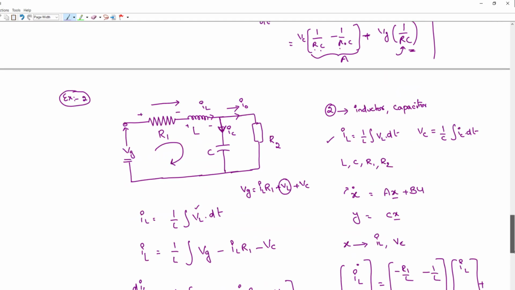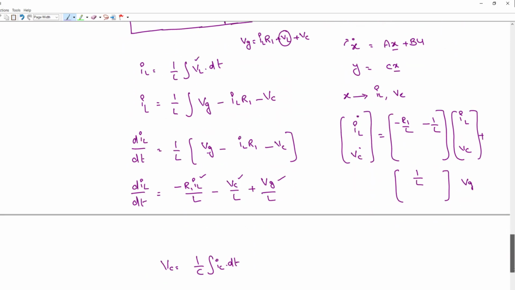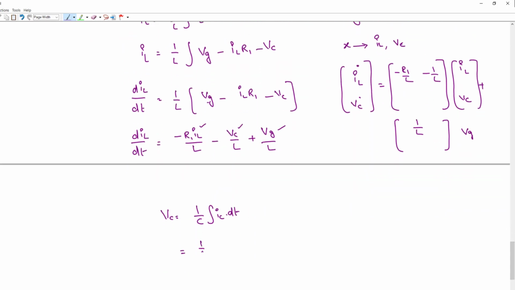The current flowing through the capacitor is this current minus this current. So I simply write 1 by C integral IL minus I naught. C is a parameter and IL is a parameter, but I naught we don't know. I want it in terms of the state parameters. I naught is equal to V naught by R2.